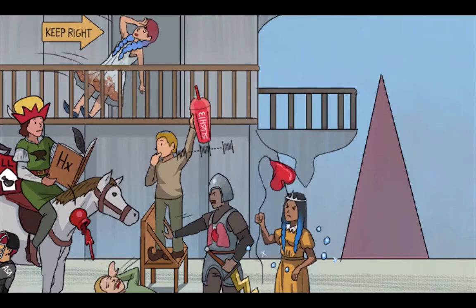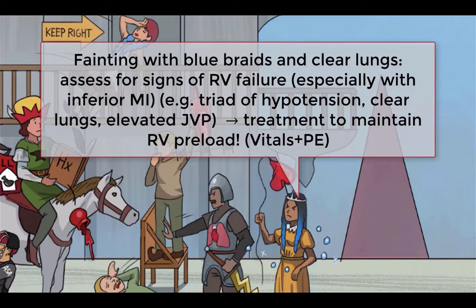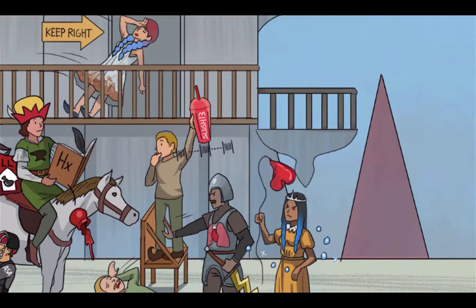Inferior MI involves an occlusion in the right coronary distribution and presents on ECG with ST elevations in leads 2, 3, and aVF. In about a third of patients with inferior MI, the right ventricle becomes infarcted, which typically presents with the triad of hypotension, clear lung fields, and elevated jugular venous distension, again symbolized by those distended blue braids.